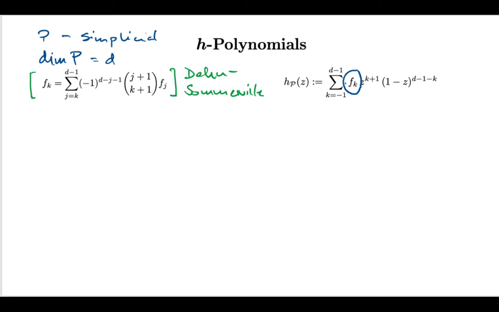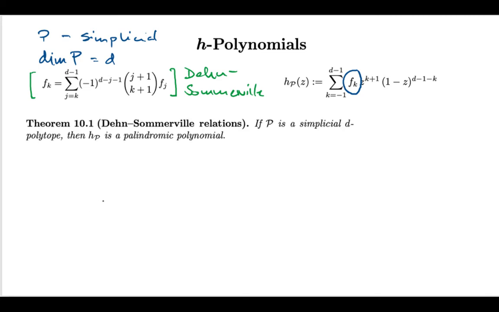This seems a bit out of the blue, but in this video I will give you two good reasons for this definition. One of them, I claim, is that theorem 10.1 that you see here is a reformulation of the Dehn-Somerville relations for simplicial polytopes. And it says, if you have a simplicial polytope, then the h-polynomial that you see on the right is palindromic.